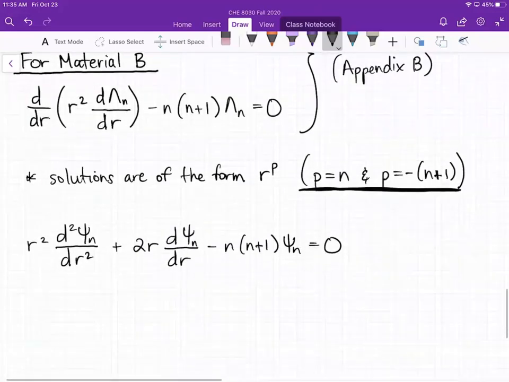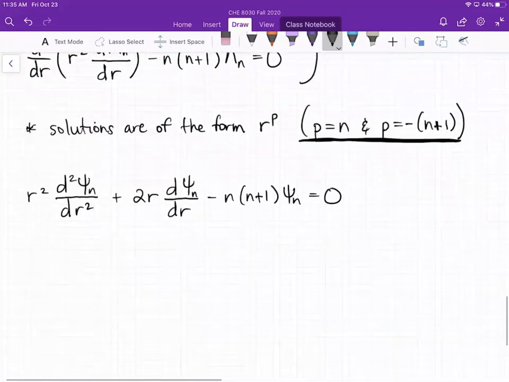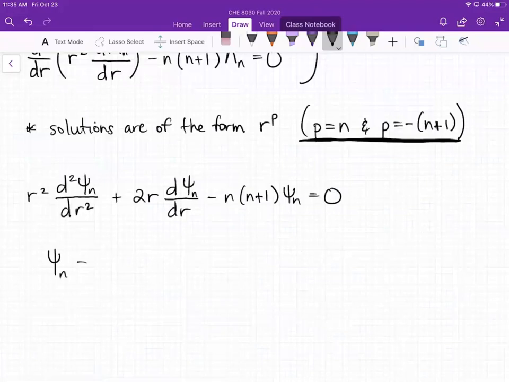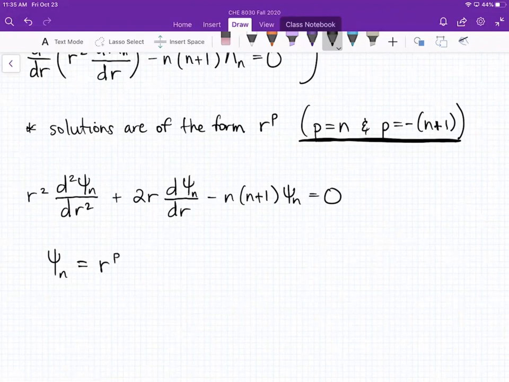And then, as Dean said, I'm going to take my trial solution and plug it back into that differential equation. My trial solution is simply that my transformed variable is equal to r to the p power.